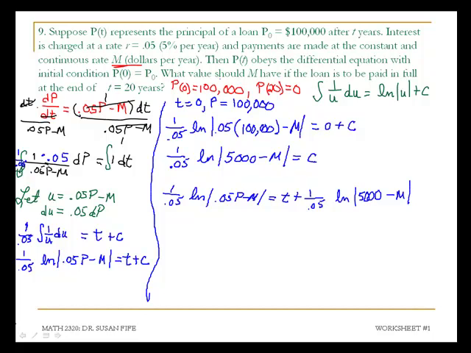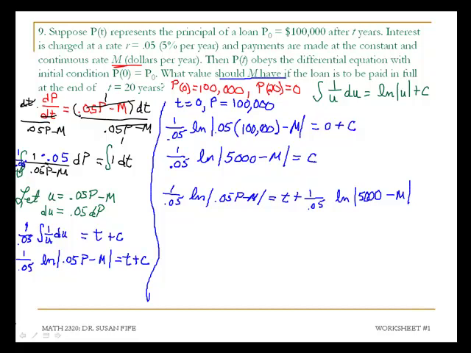What we want is the value for m. But if we have one natural log to work with rather than two, it might make the work a little bit easier. So let me bring this right term, the 1 over 0.05 natural log of 5,000 minus m, over to the left side of the equation.